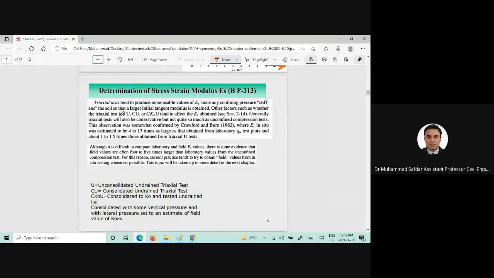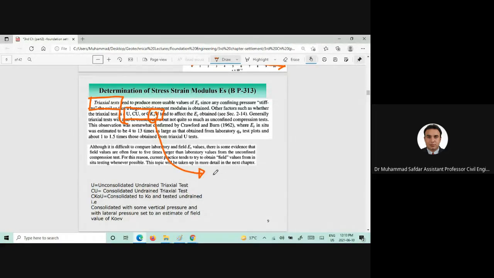If you want to determine the stress strain modulus, or the modulus of elasticity ES, from the triaxial test, you need to perform an unconsolidated undrained test, so we can control the drainage there, a consolidated undrained test, or a K0 consolidated undrained test. What is K0?